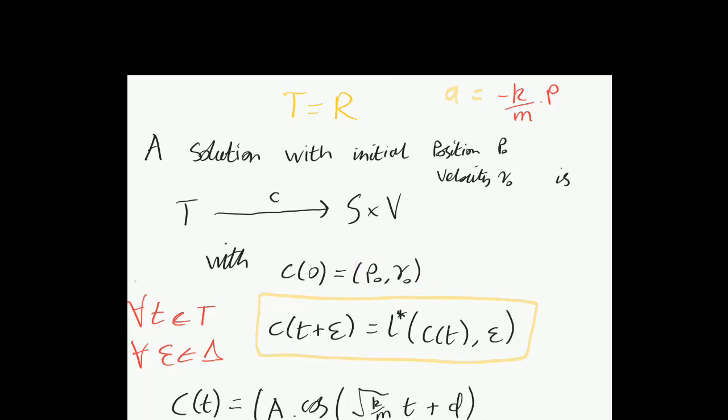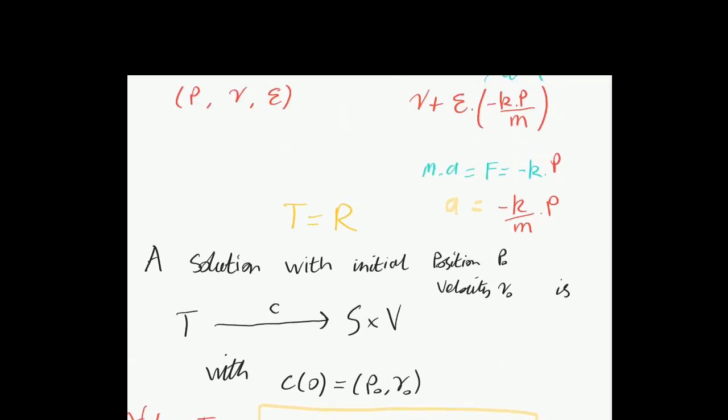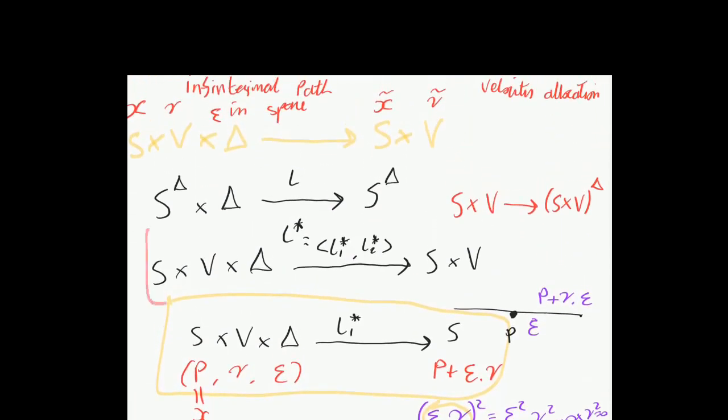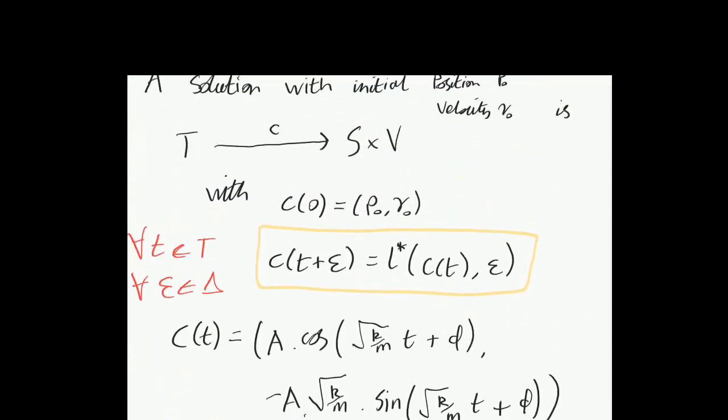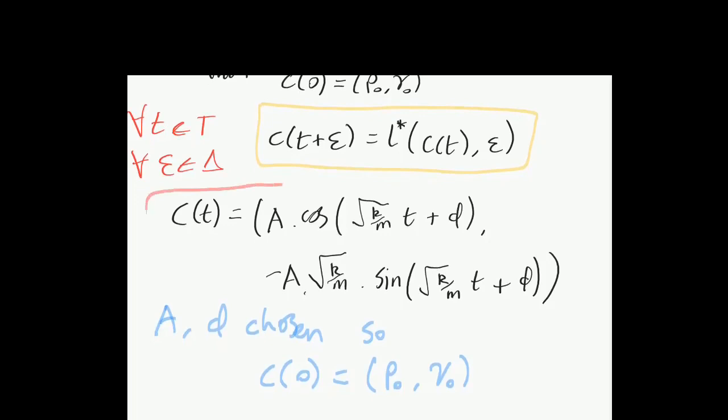And we also want the condition for a flow line to be met, which says that where we are on the flow line at t plus epsilon is basically where we get if we take where we are on the flow line at time t, and then move epsilon along this vector field, which is described by this law of motion L star here. And then it turns out that this is actually the solution to our system.